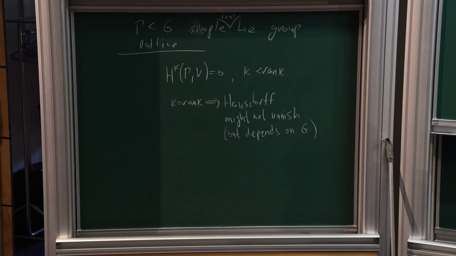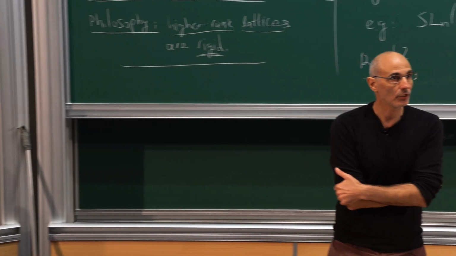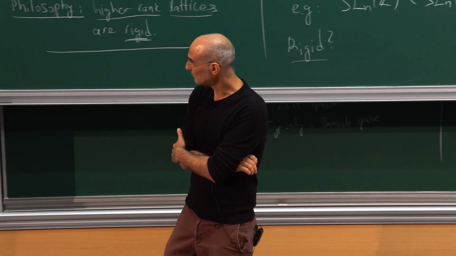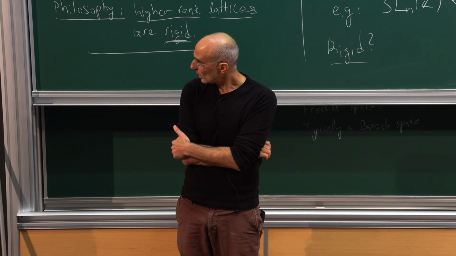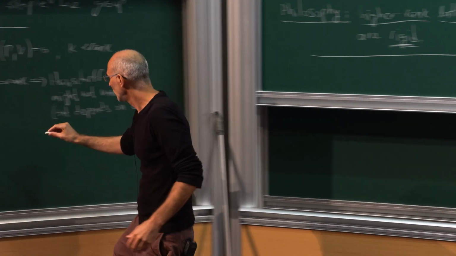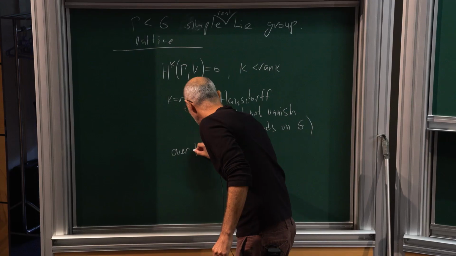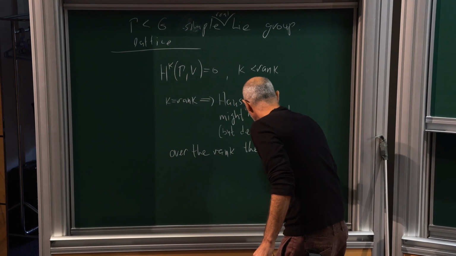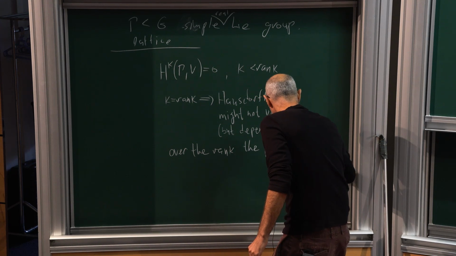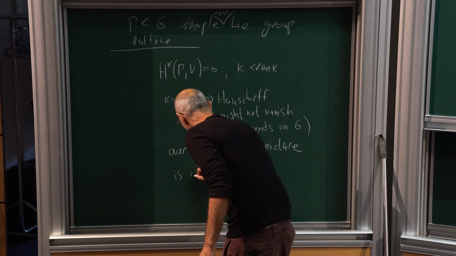There is Poincare duality. So when you get closer to the cohomological dimension, again there is a vanishing phenomenon, but over the rank, basically the picture is complicated.